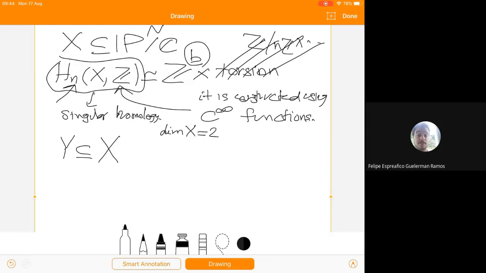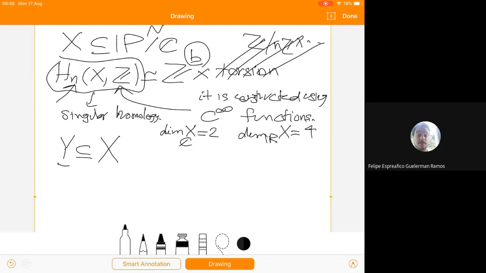This is the complex dimension, so the real dimension of x is 4. But the whole discussion is valid for any x, and actually the Hodge conjecture makes sense for any x. In this case that I am going to tell, it's already a theorem.